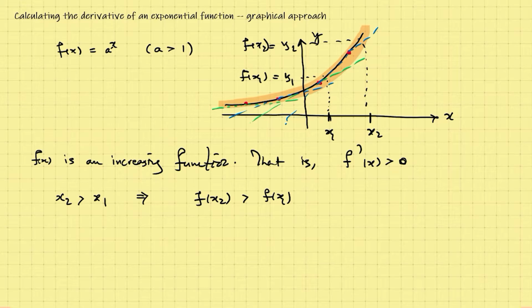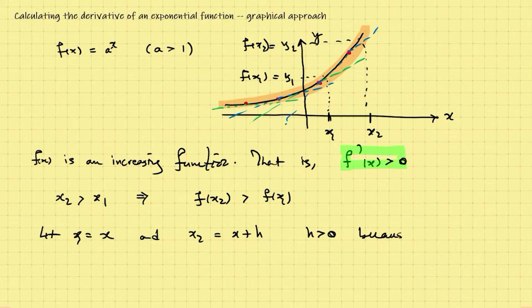But now let's link this definition, or this understanding, to this condition here. How are we going to make that link? Well, we're going to say let x1 just be called x and x2 be called x plus h. And h has to be bigger than 0 because x2 is bigger than x1, right?